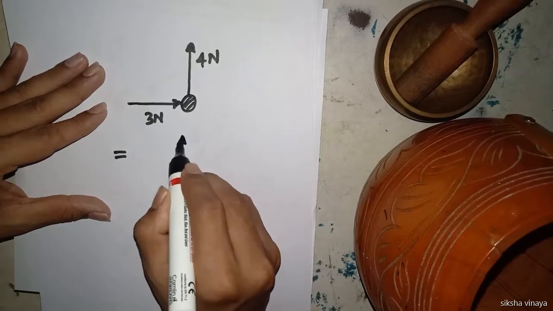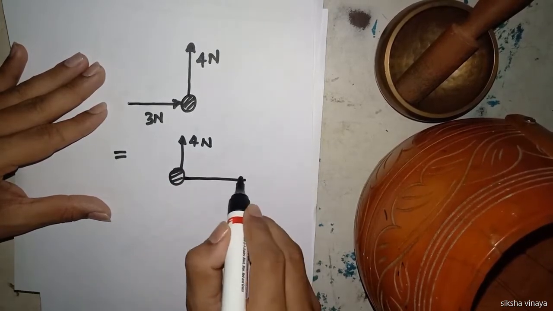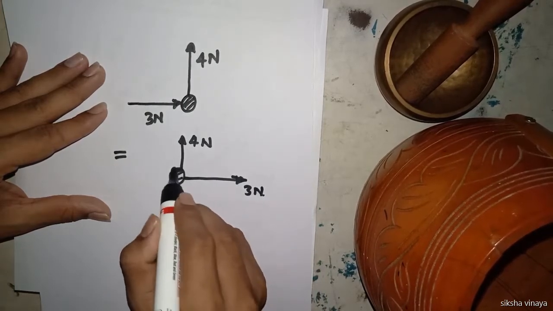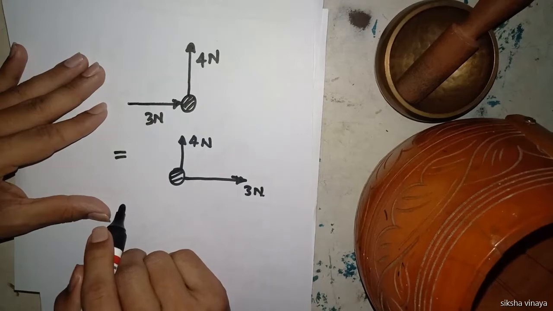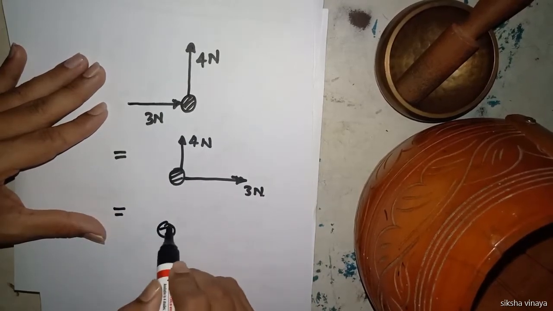So its tail is already there. Now I displace this vector, and now the two tails are here. Now we have to draw a parallelogram.